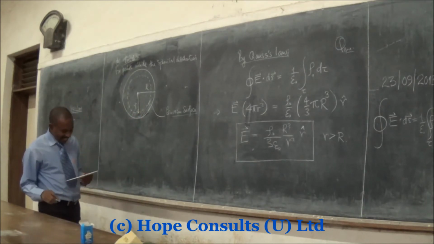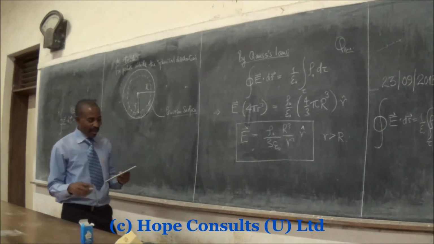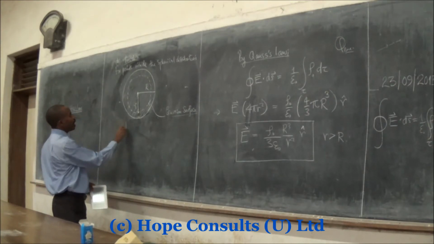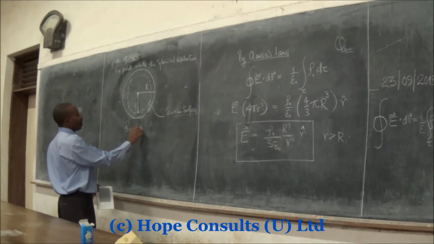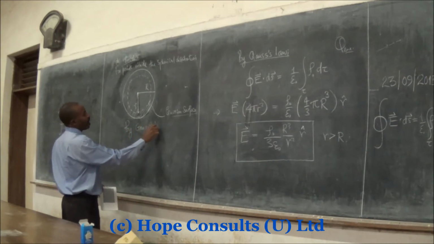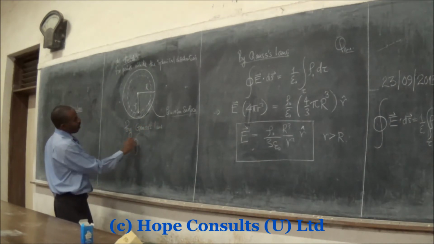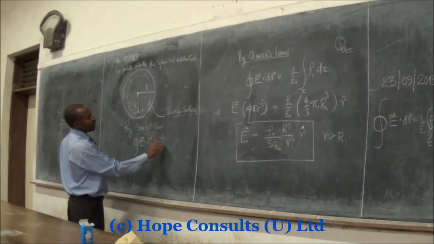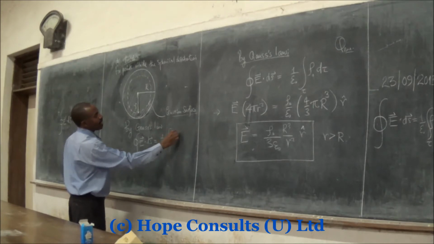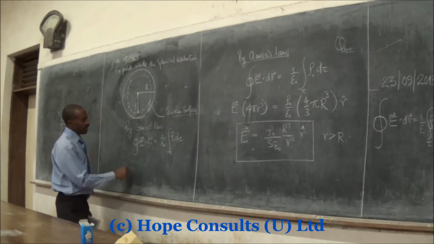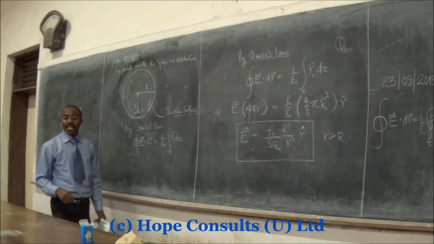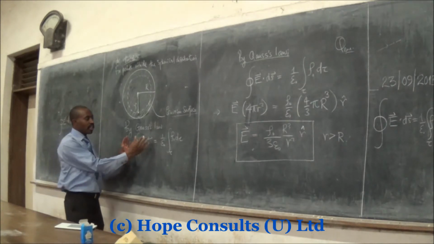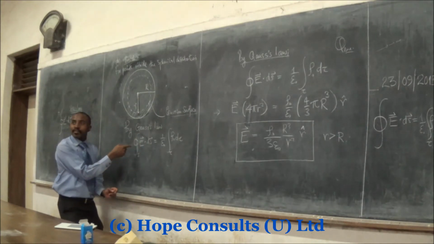So for these points, we shall also apply Gauss's law. By invoking Gauss's law, we know that the integral of E dot dS is equal to 1 over epsilon naught times the integral of rho naught d tau over the volume tau, over the surface S. Now on the left side, this is an enclosed surface.